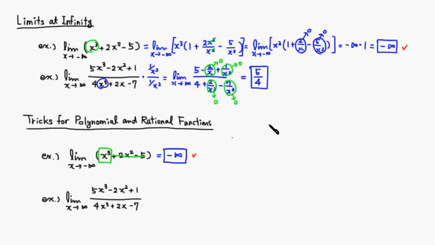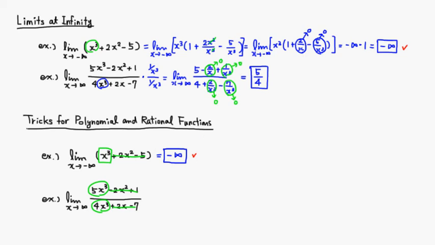For the next one, if you have a rational function, you do pretty much the same thing. You only look at the leading term on top and ignore the rest, and the leading term on the bottom and ignore the rest.